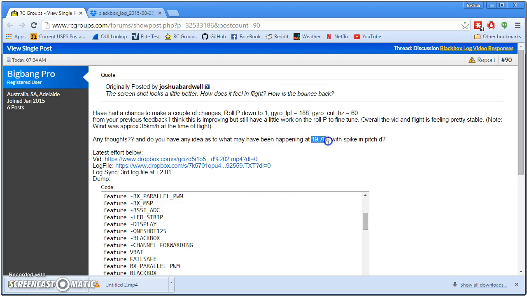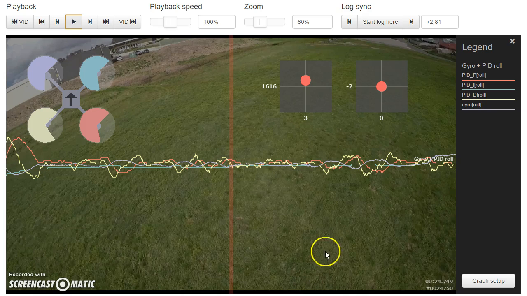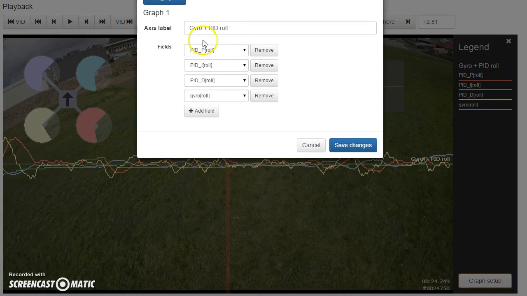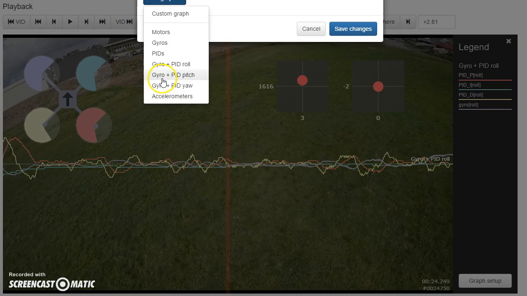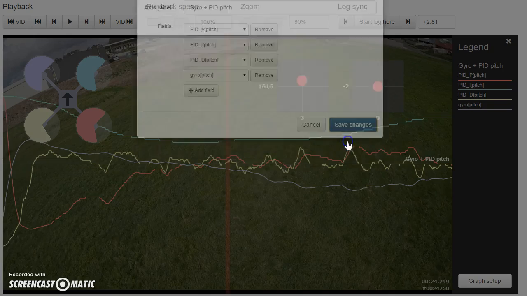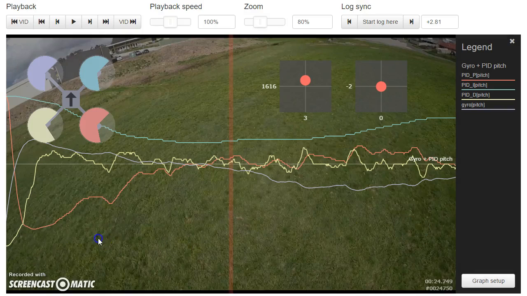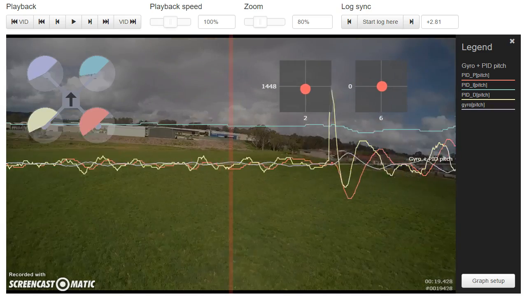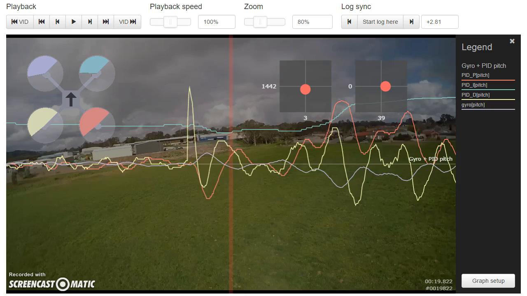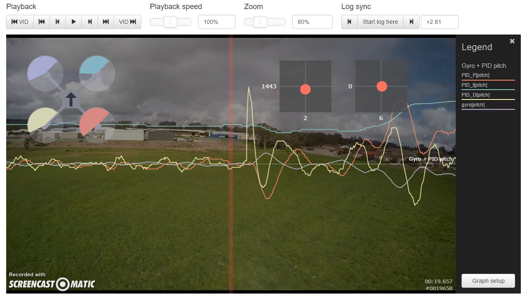Let's take a look at 19.708 with the spike in pitch D. So let's bring up the pitch PID, and we'll go to 19 right here. Well, the first thing I'm going to do is look at your RC command.